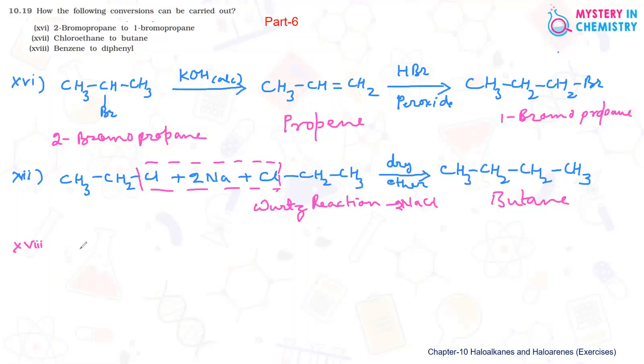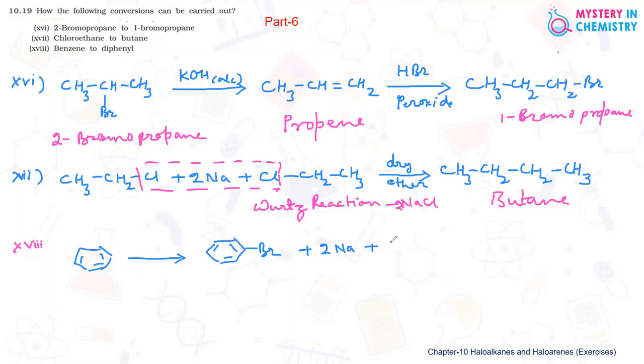So first of all, halide is needed. We are taking the benzene and it should be converted to bromobenzene. First bromobenzene, and after that two such molecules are taken to get the diphenyl.